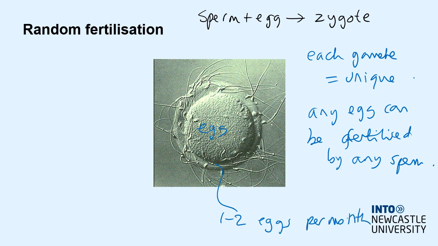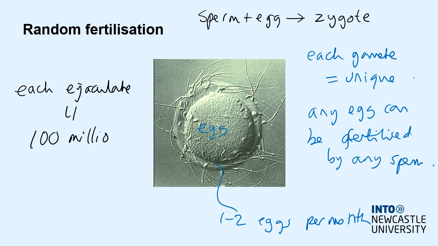A male, each ejaculate is 100 million unique sperm, and any one of those sperm has the ability to fertilize the egg. So a massive amount of variation.